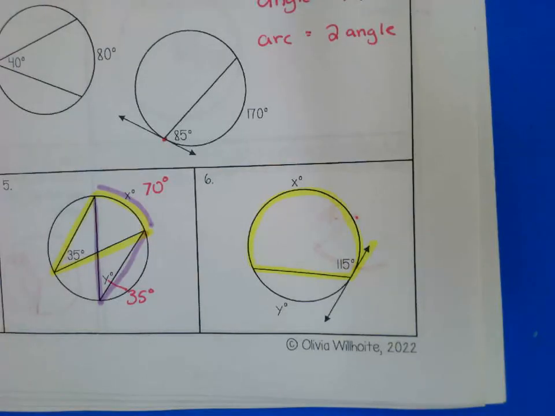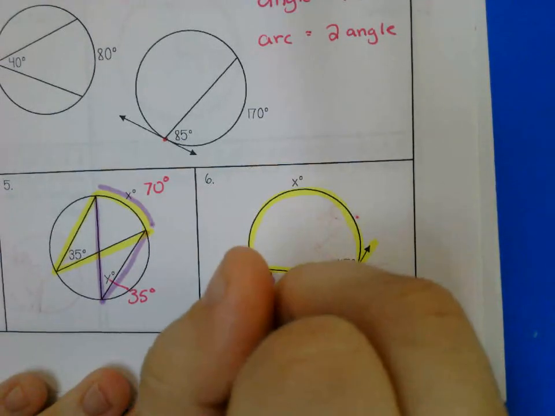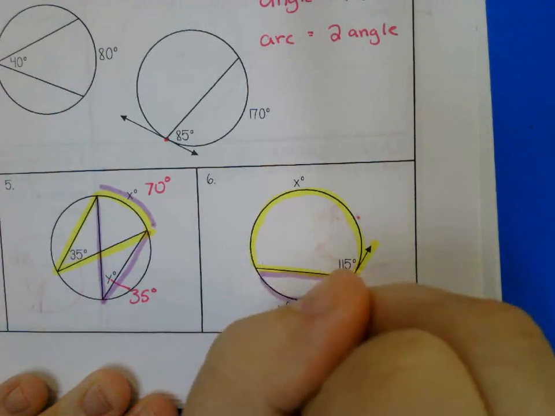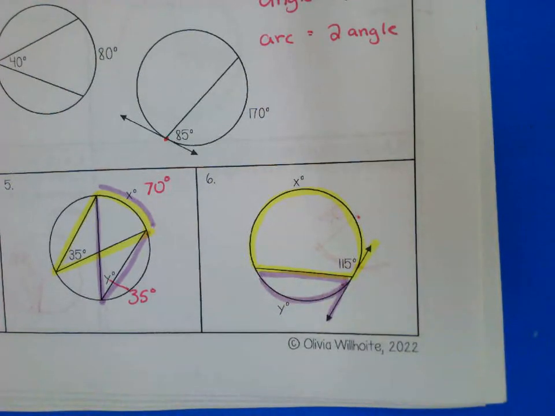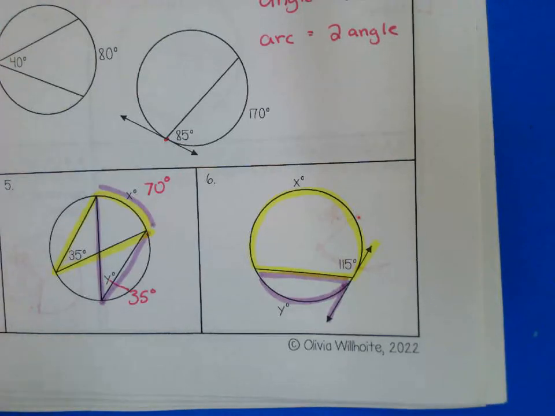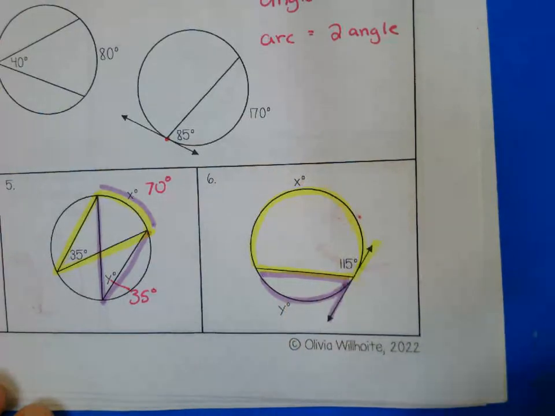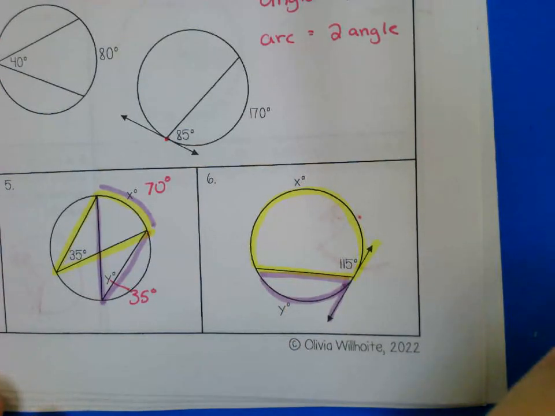If you're looking at Y, this angle is the one that intersects Y. So if I know that this is 115, how do I find X? 115 times 2, which is going to give us 230.